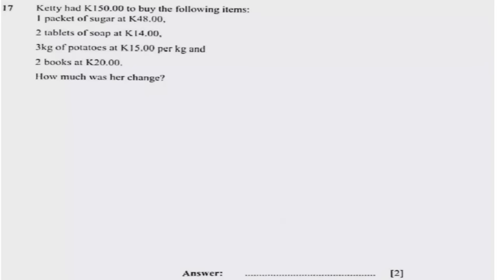Okay, so we know that Katie had 150 kwacha, that is the money she had, so she bought those items. So for us to find the change, we need to come up with an expression like this one. So we can say the amount of change is equal to 150 kwacha.